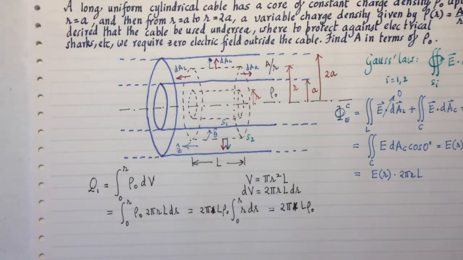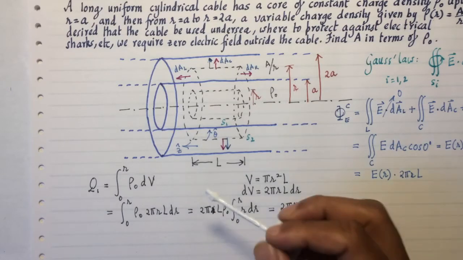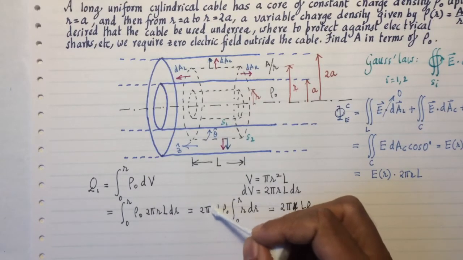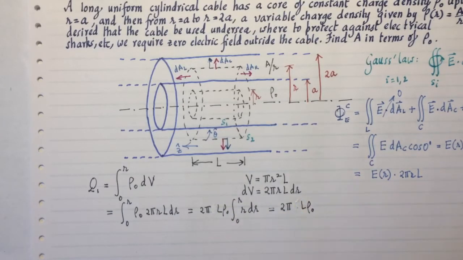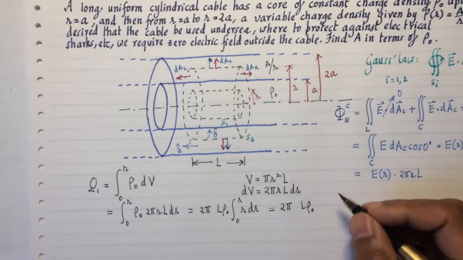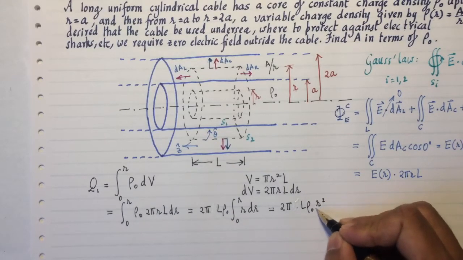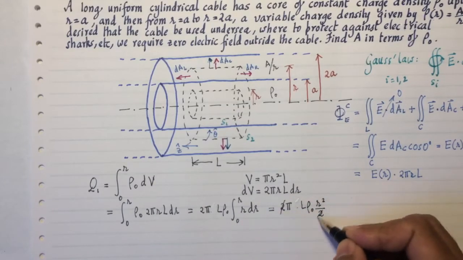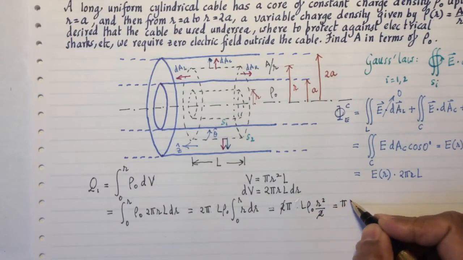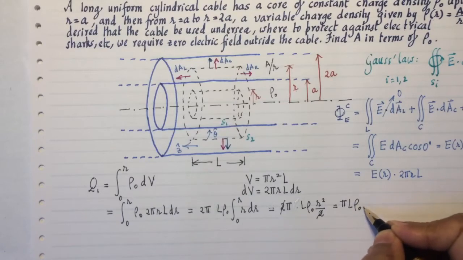So let me just, I was a little hasty on that one. So the 2 and the halves will cancel out next, because r squared over 2 is the evaluation of this integral. The lower limit doesn't contribute. So I get pi L rho naught r squared.